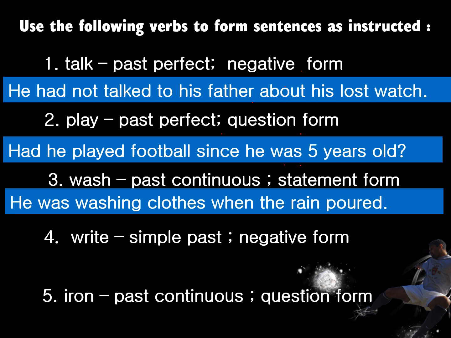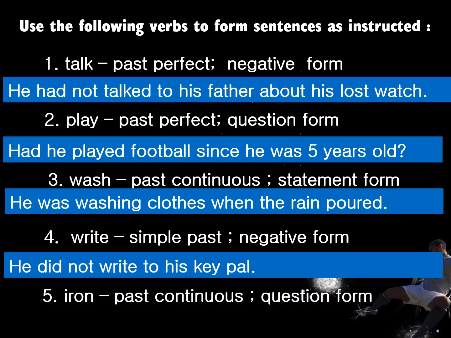If the verb is irregular, when changed to past or past participle, it would need to be changed in spelling or sometimes retain its spelling. So let us try to give the answer. Past simple, negative form. So we say, he did not write to his kipao. So he did not write, meaning the negative of the simple past.